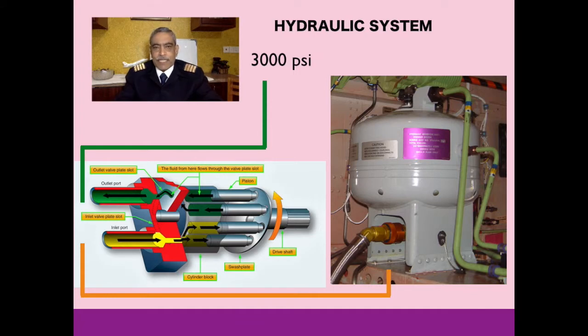I have shown another picture of a hydraulic pump, which usually is driven by the engine, and of course, just to make the lesson interesting, I have shown, as you can see, the hydraulic oil here is drawn from the reservoir and then sent into this pump, and thereafter very high pressure is built up, almost up to 3000 pounds per square inch, and routed through different pipelines for various systems.